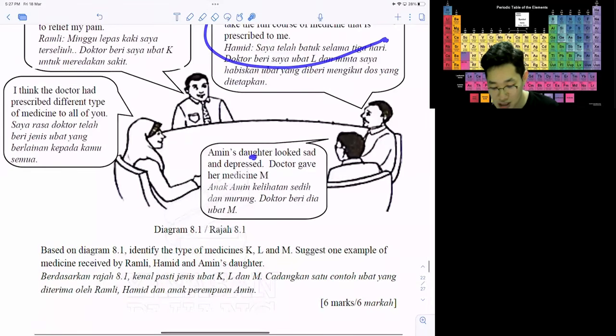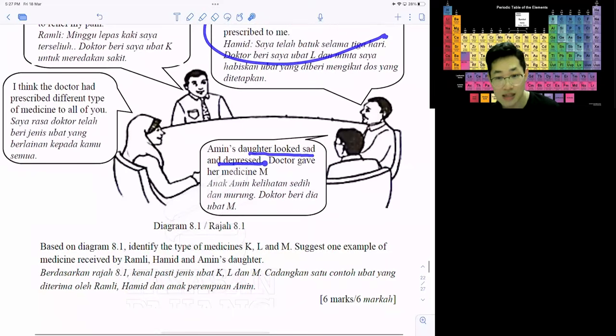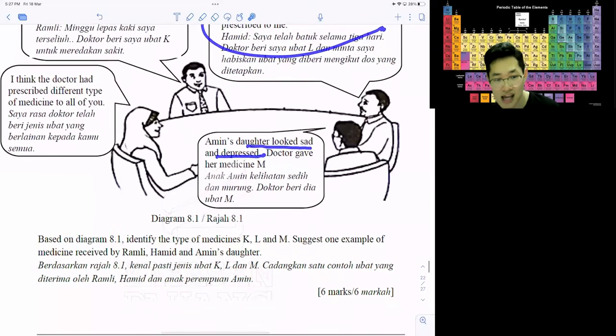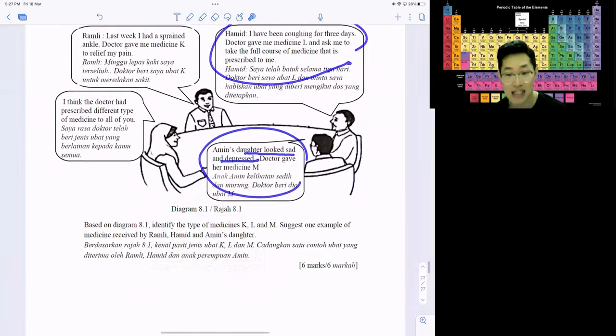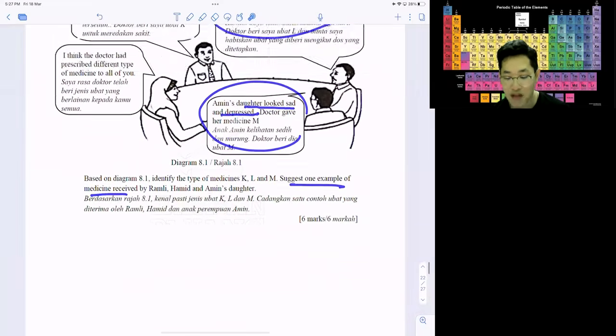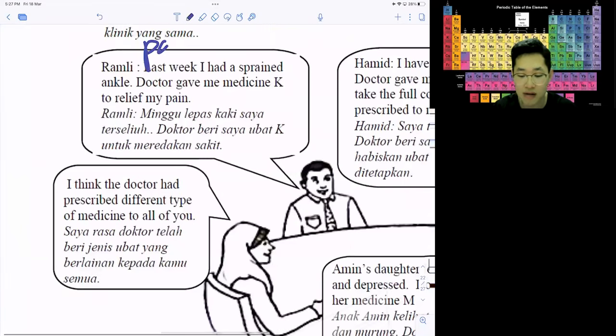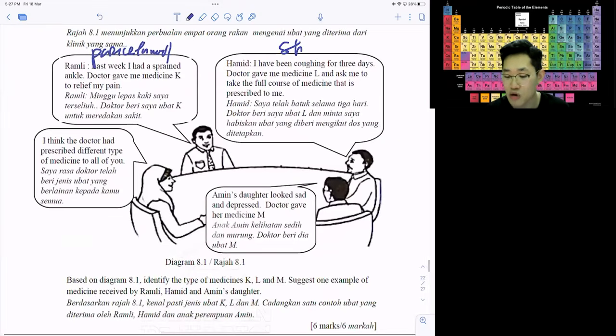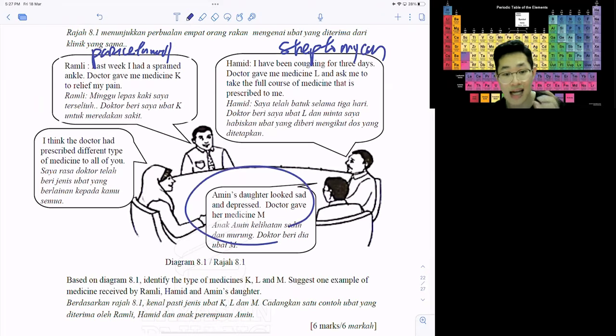The doctor looked sad and depressed. The doctor gave her medicine, and this one will be psychotic drugs. Yes. One example, okay, we want to give examples: analgesic, paracetamol; antimicrobial, streptomycin; psychotic drugs, haloperidol.